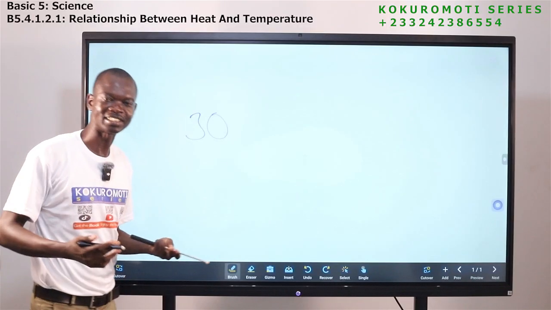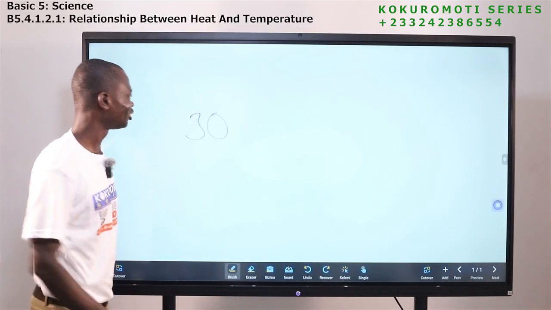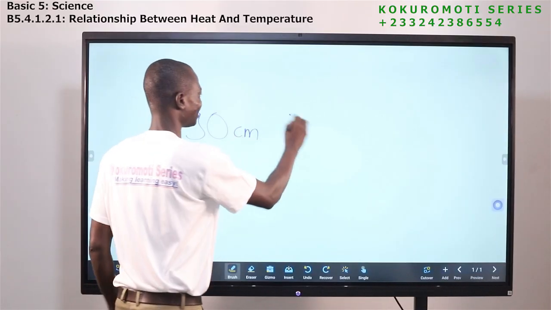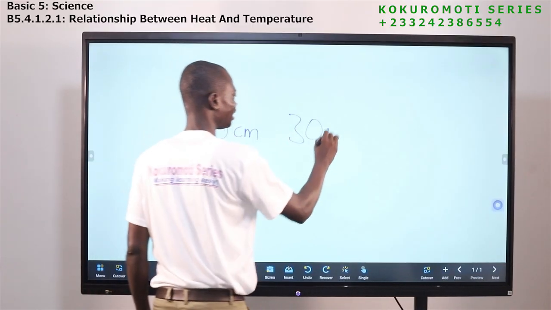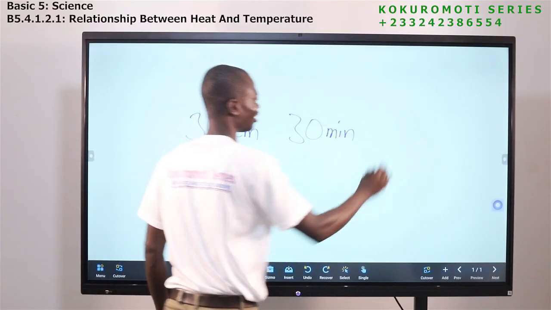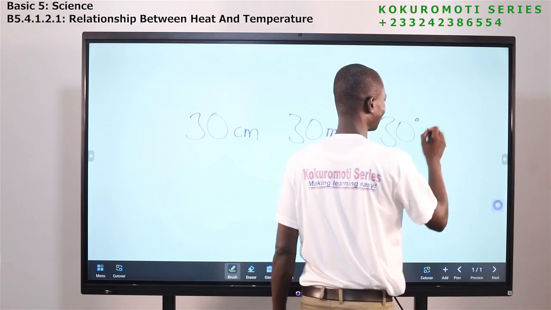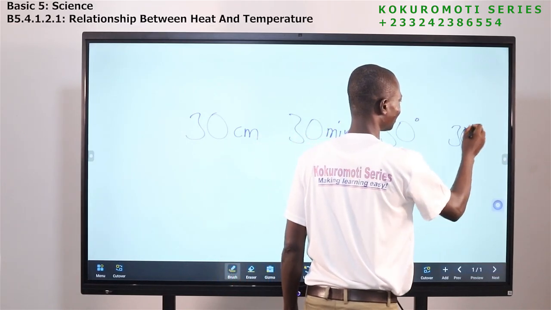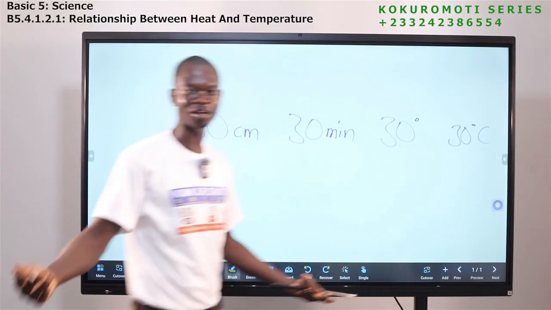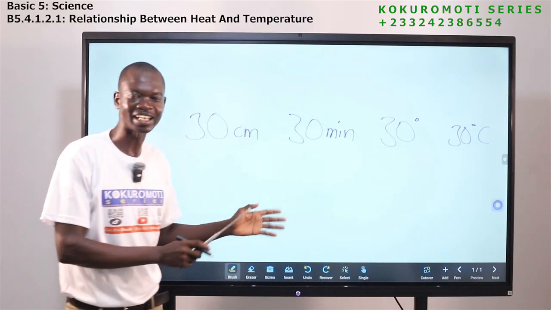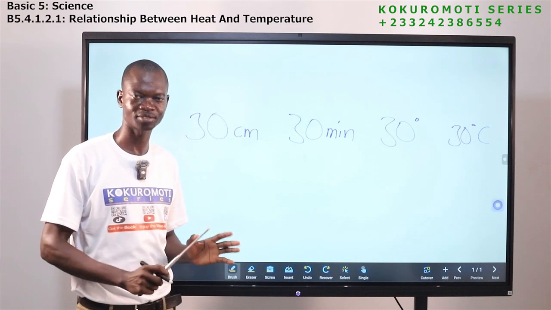Will you just write 30? No. You add something to it. Is it 30 centimeters? 30 minutes? Or 30 degrees? Or 30 degrees Celsius? Which of them? Any form of measurement, you need to attach the SI units to it.